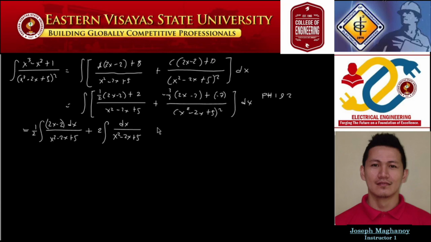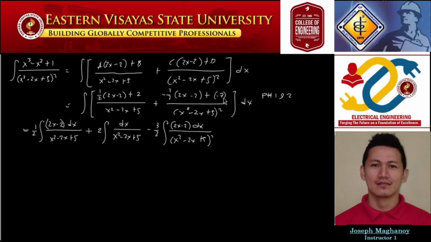Next, negative 3/2 times positive, that is negative 3/2. You carry it out already since it's a constant. So the remaining is (2x minus 2) dx over your distinct quadratic factor squared.